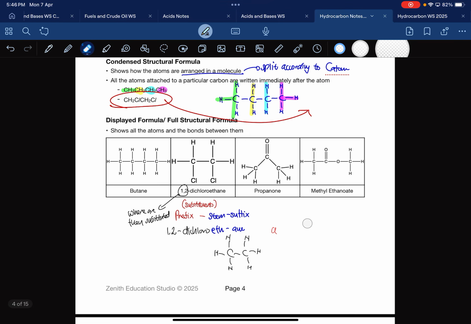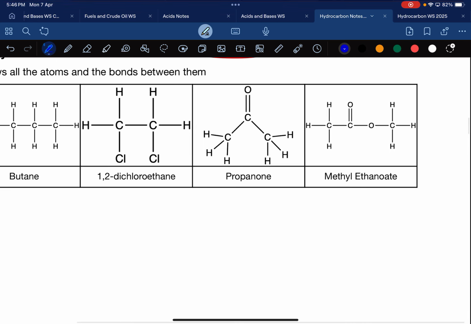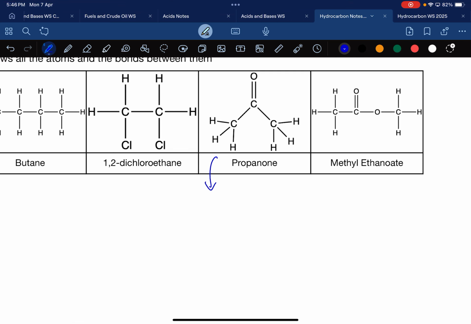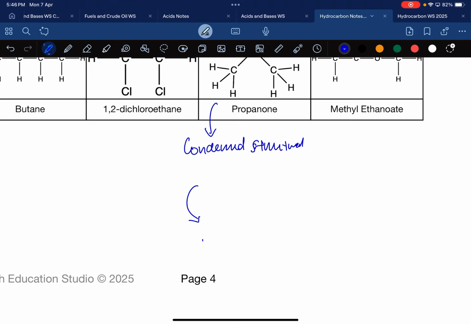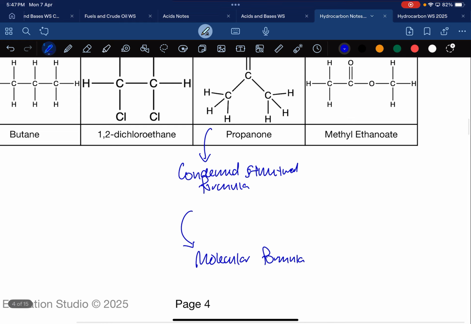For propanone and for methyl ethanoate, give me the general formula and condensed structural formula, and molecular formula. Practice. You're going to have to know this anyway. This is in the syllabus.